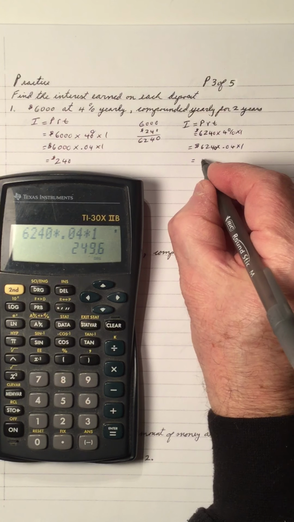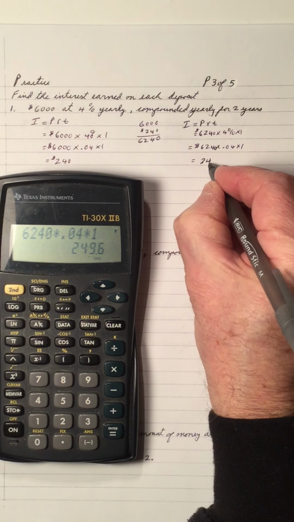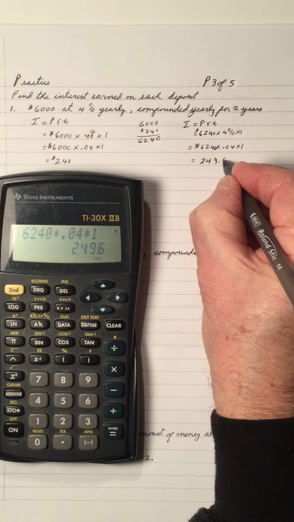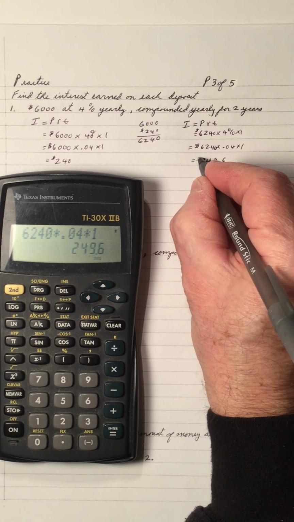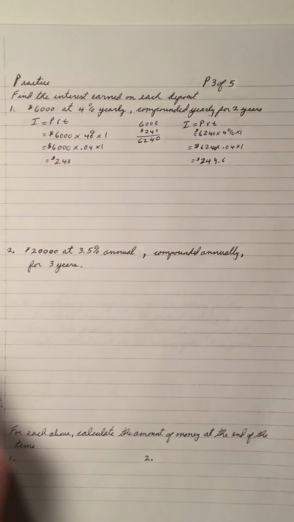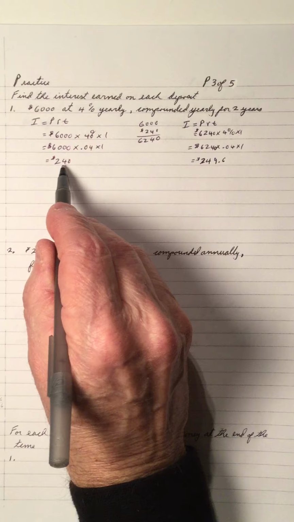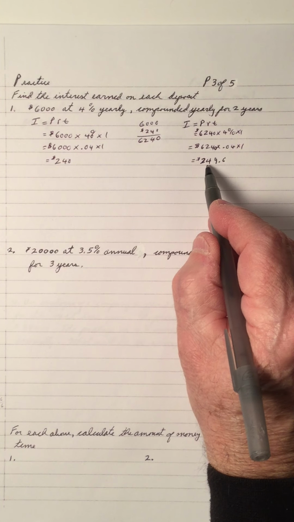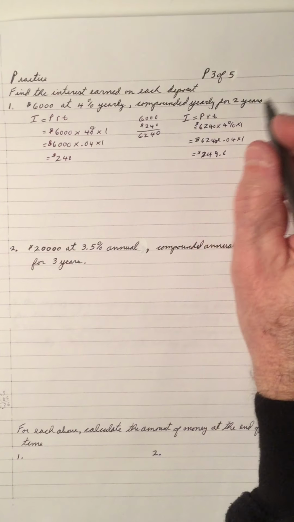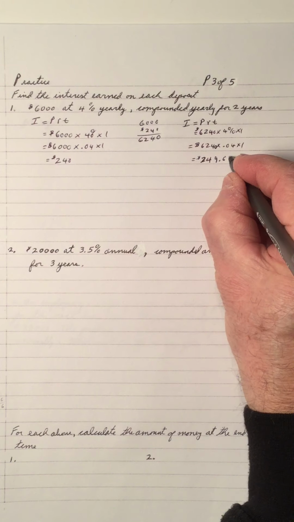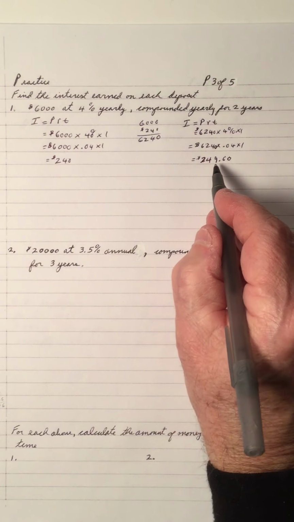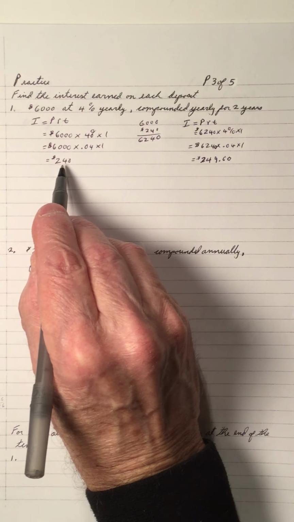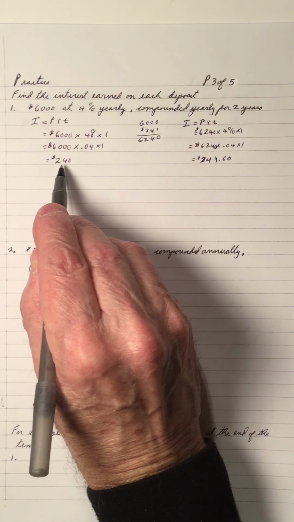So now at the end of the second year, your interest is $249.60. So notice in the first year you had $240. Now you got $249.60. So the $9.60 is the 4% interest on the $240.